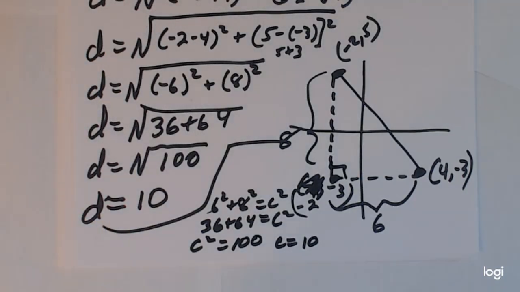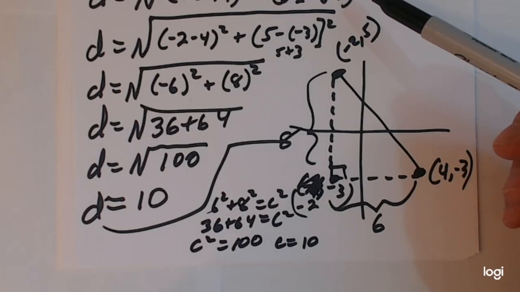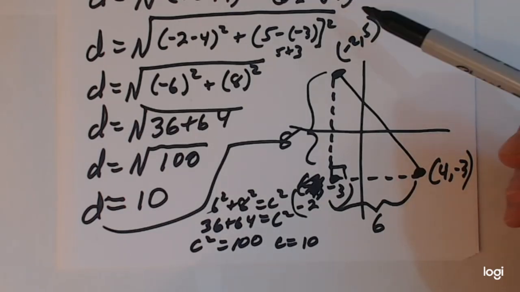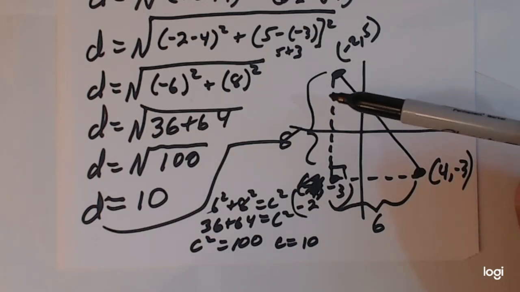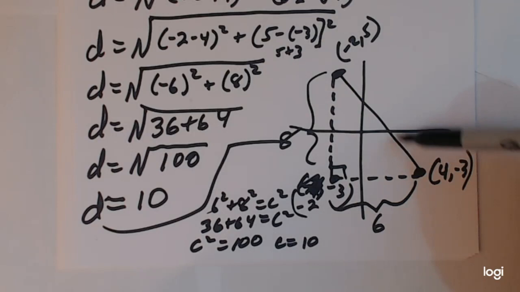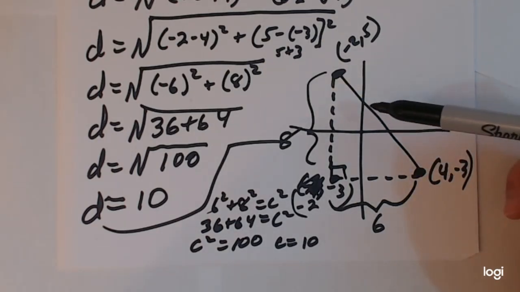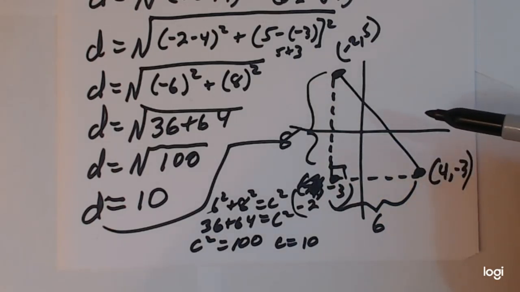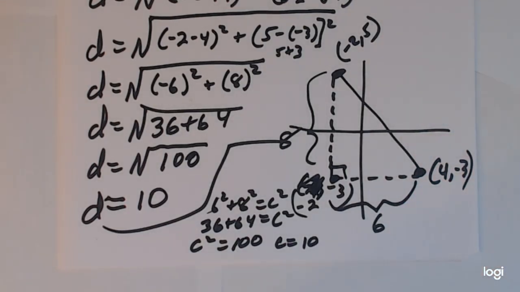If you ever get stumped and you can't remember the distance formula and you can't remember how to derive the distance formula on a test, given 2 points, you can draw a line between them, and you can always drop down a vertical and draw in a horizontal, and you can always use the Pythagorean Theorem to calculate the distance between those 2 points.